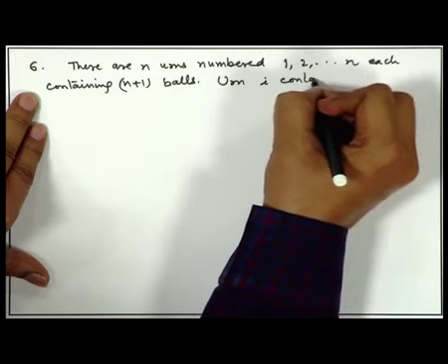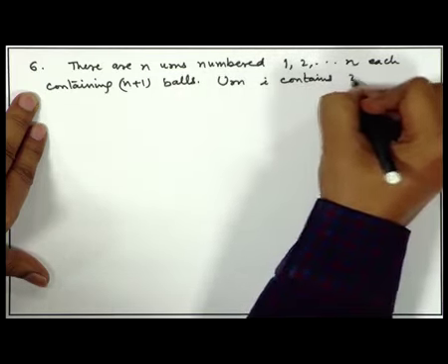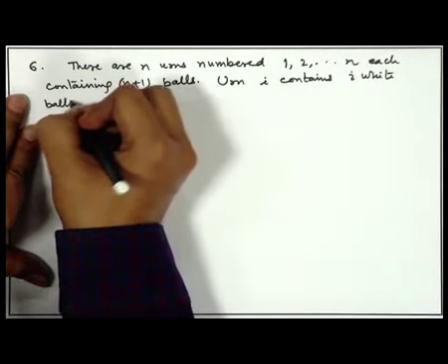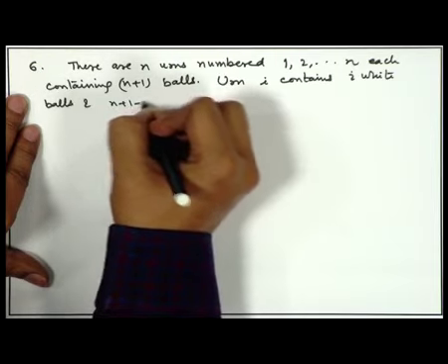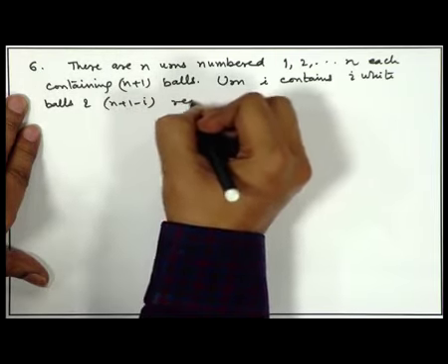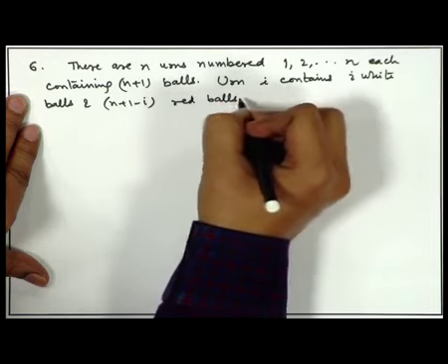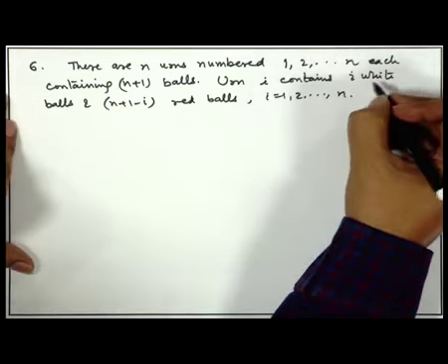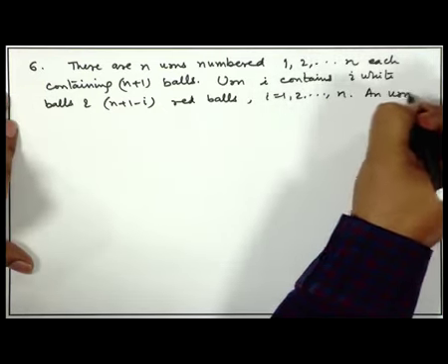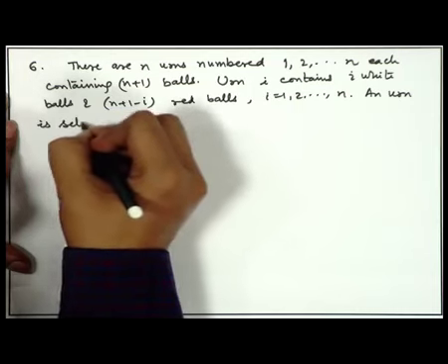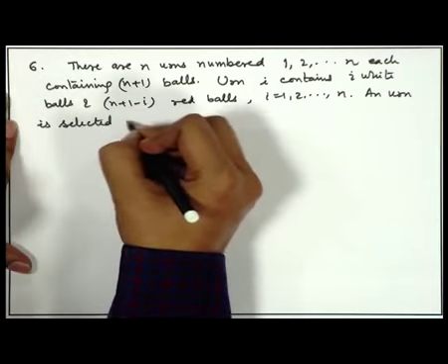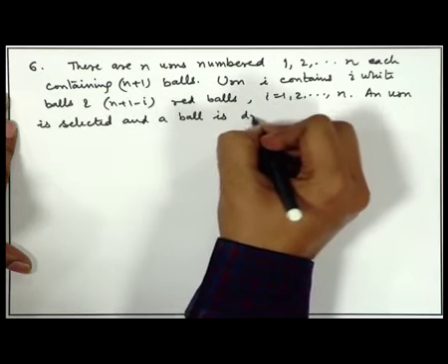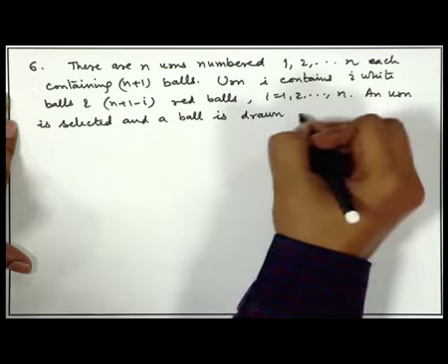Urn i contains i white balls and n plus 1 minus i red balls, i is equal to 1 to n. An urn is selected and a ball is drawn from it.